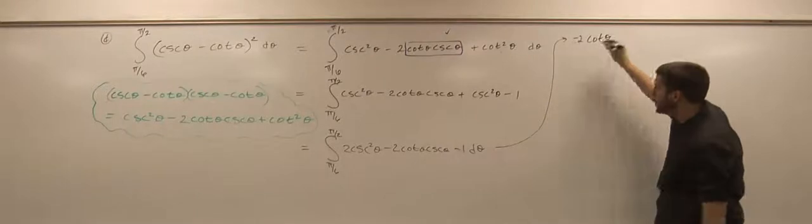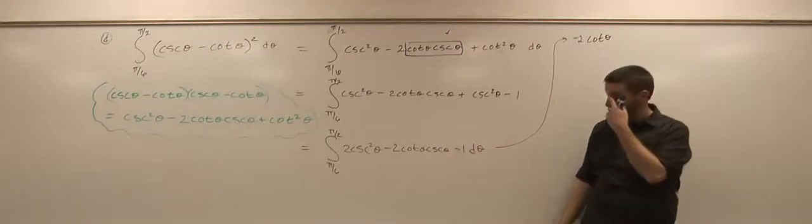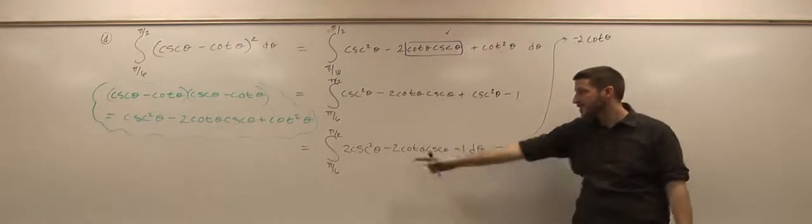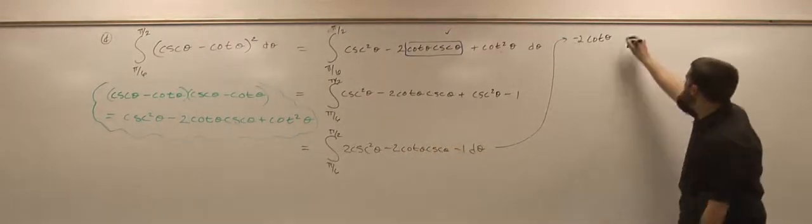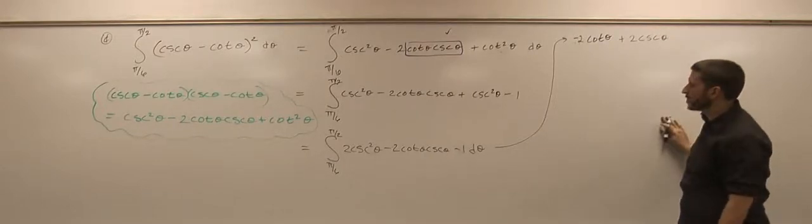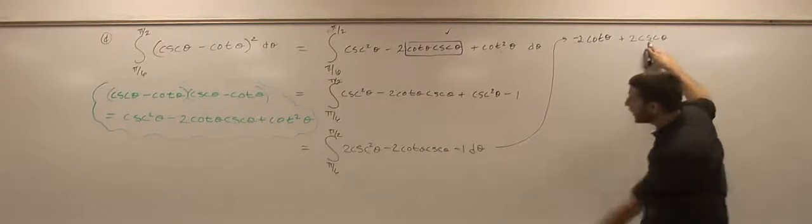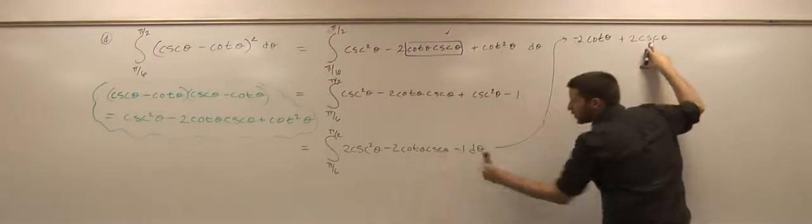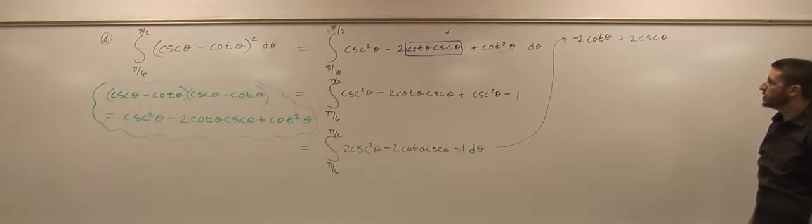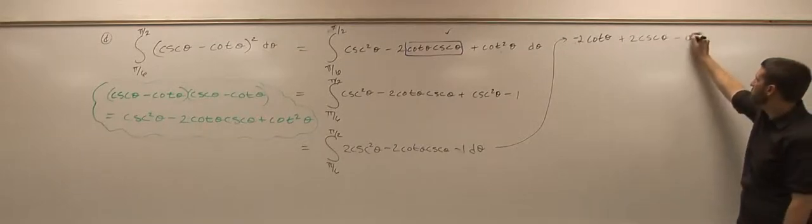Minus 2, what's my antiderivative for cotangent cosecant? Just cosecant. Since there's already a negative, I could do it like this. Because when I derive cosecant, I will get back negative cotangent cosecant. And the minus 1 turns into minus theta.